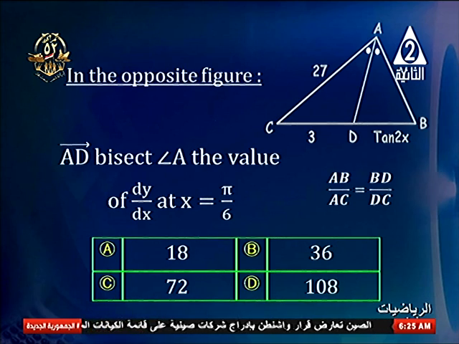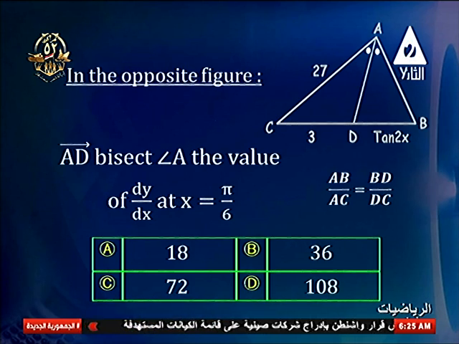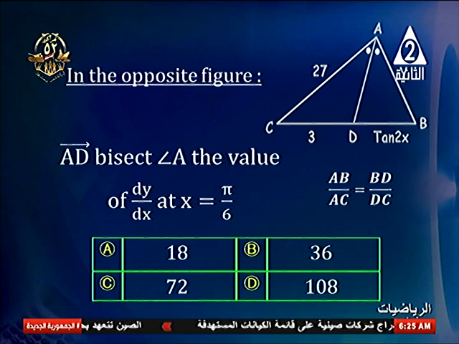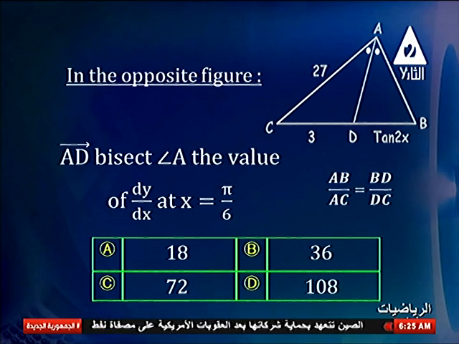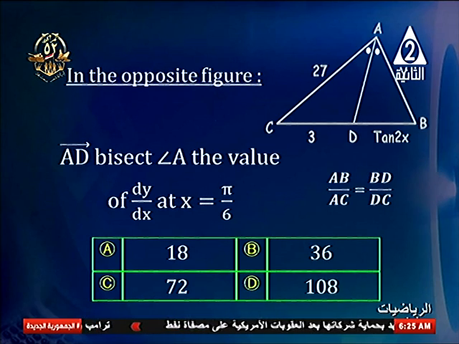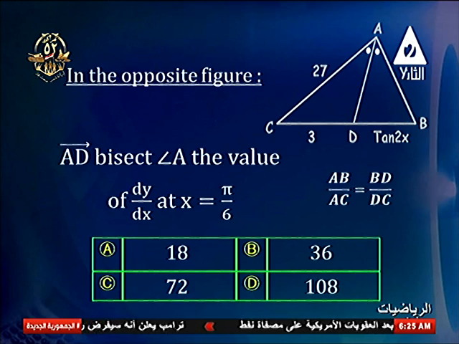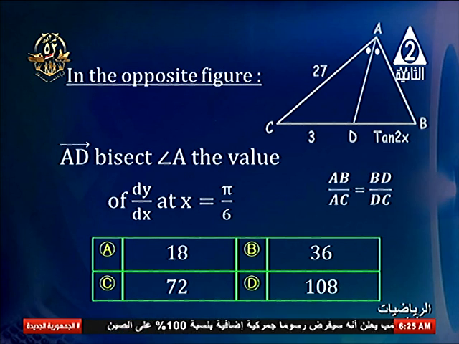In this case, we have AD the bisector of angle A. What is the relation between the sides AB and AC and BD and CD? This rule: AB over AC equals BD over DC.